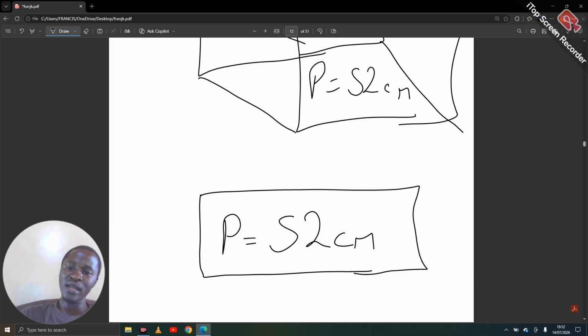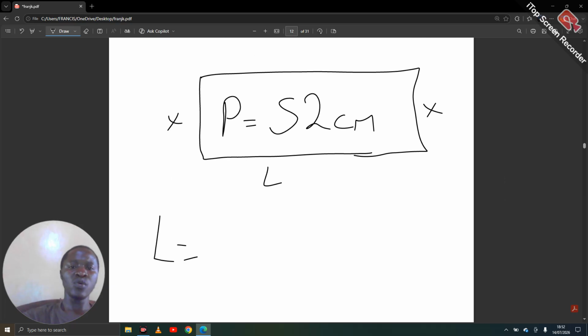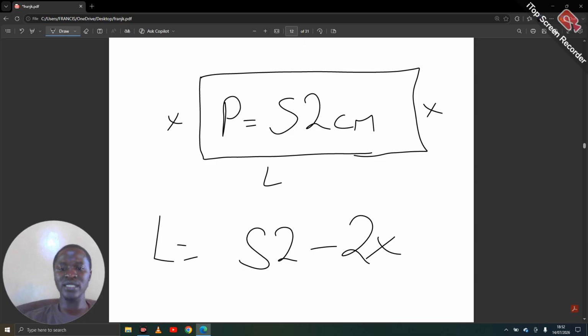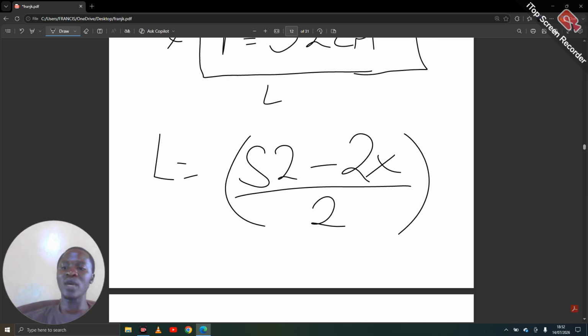Now, the way we normally do, let the width be x, and the other side be x. For us to get the length, remember, we only want one length. So the length will be 52 minus the 2 widths, that is 2x, divided by 2, because we only want one length.